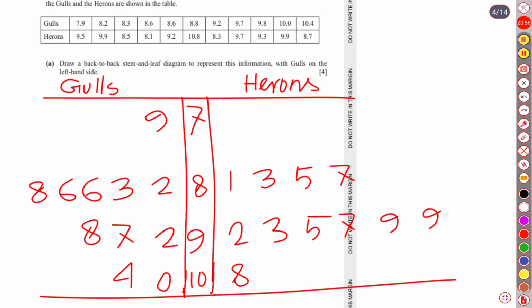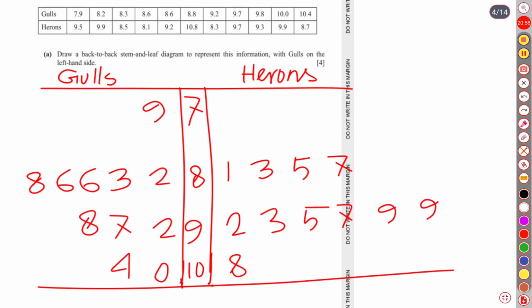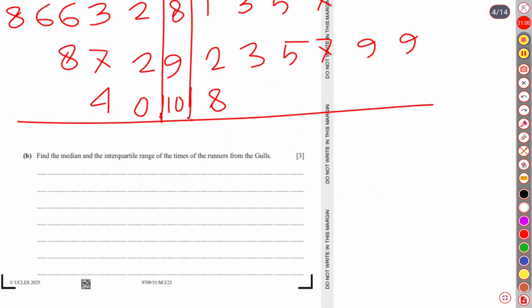Okay. Now we will write our key. Let us write the key. Remember, this is one of the parts of this solution to be written.